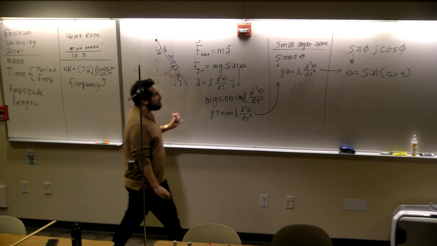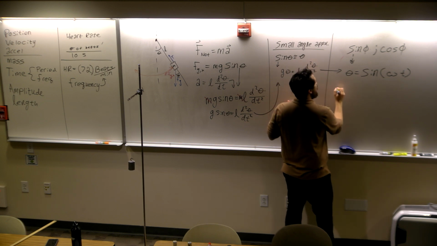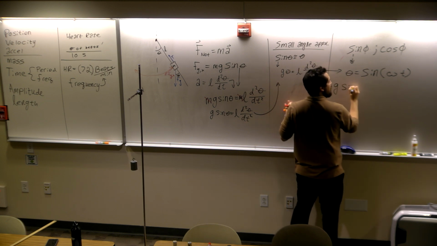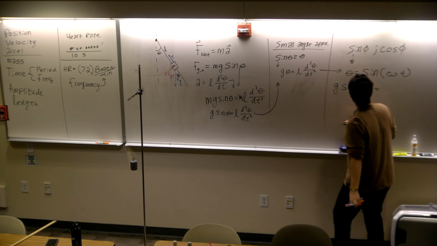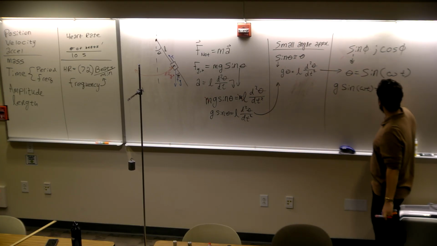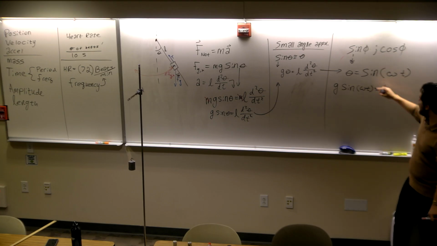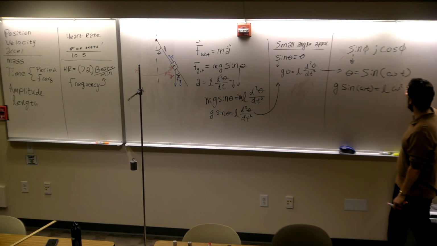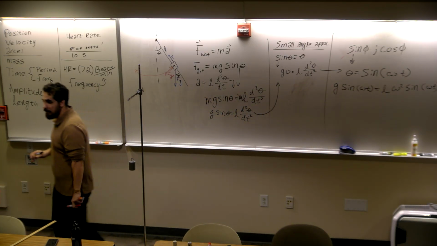And when you do that, you end up with the equation that g times sine of omega t is equal to L times the second derivative of sine omega t, which would be omega squared sine omega t. I'm going to hand wave the negative away. There's a reason why it goes away.